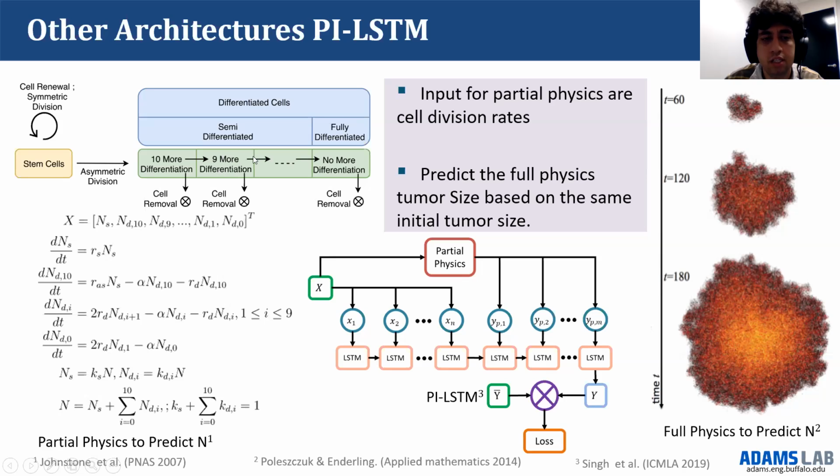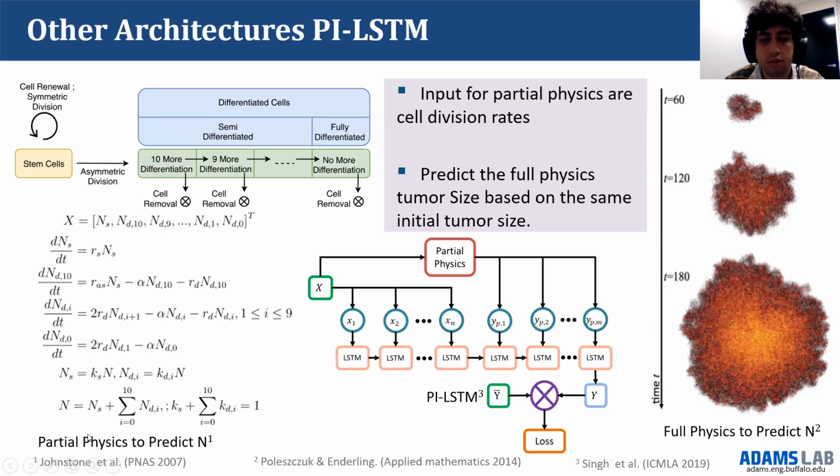If they differentiate, they get fewer differentiation possibilities in the future until the time that they cannot differentiate at all. So based on this idea, we came up with different equations. These ODE equations are here, and they show us the total size of the tumor after some time t.